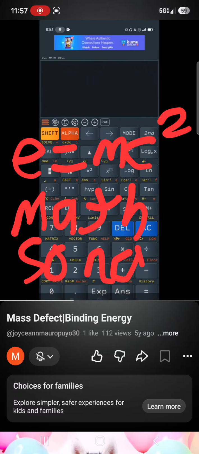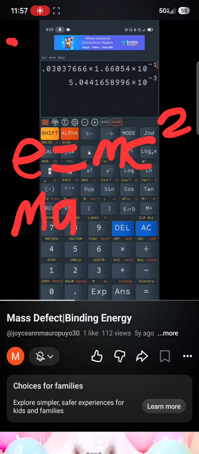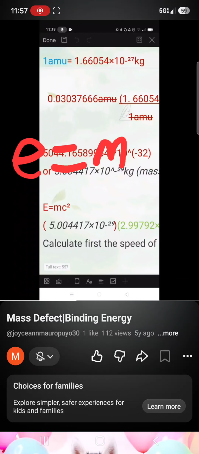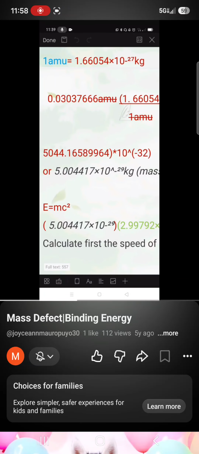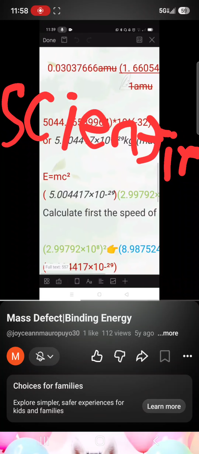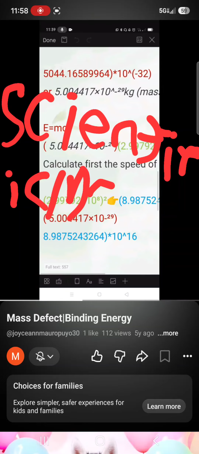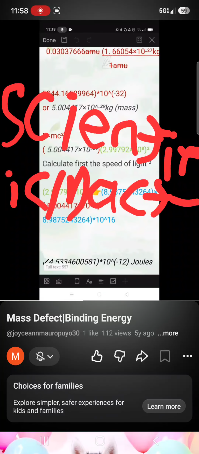Therefore, simplified to 2 decimals, we got 5.00417 times 10 raised to negative 29, now in kilograms.